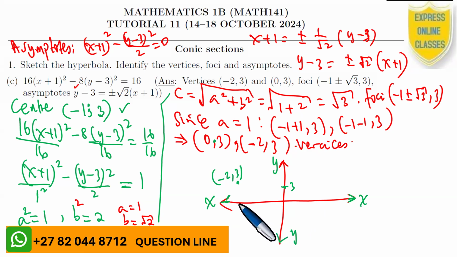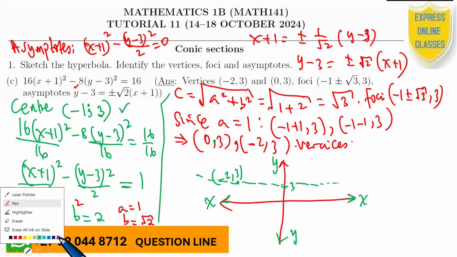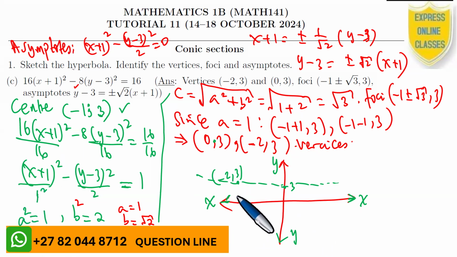Right, so because x is positive, the focal axis is going to be parallel to the x-axis. Okay. So the graph is going to be cutting like this, through the vertices, always through the vertices.